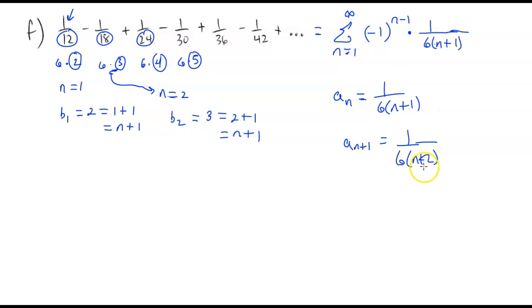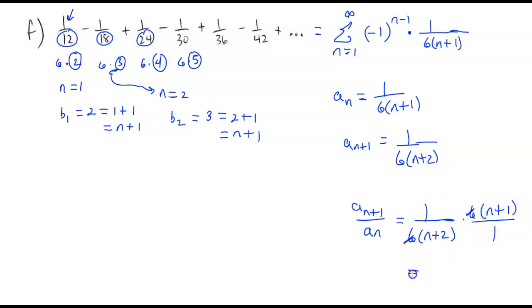If I take a sub n plus 1 and divide it by a sub n, I'm going to do it so you can see where I'm going. We'd have this times the reciprocal of that, and what we would have is n plus 1 over n plus 2. If I take the limit of this as n approaches infinity, it's going to 1. So the ratio test is still going to be inconclusive.